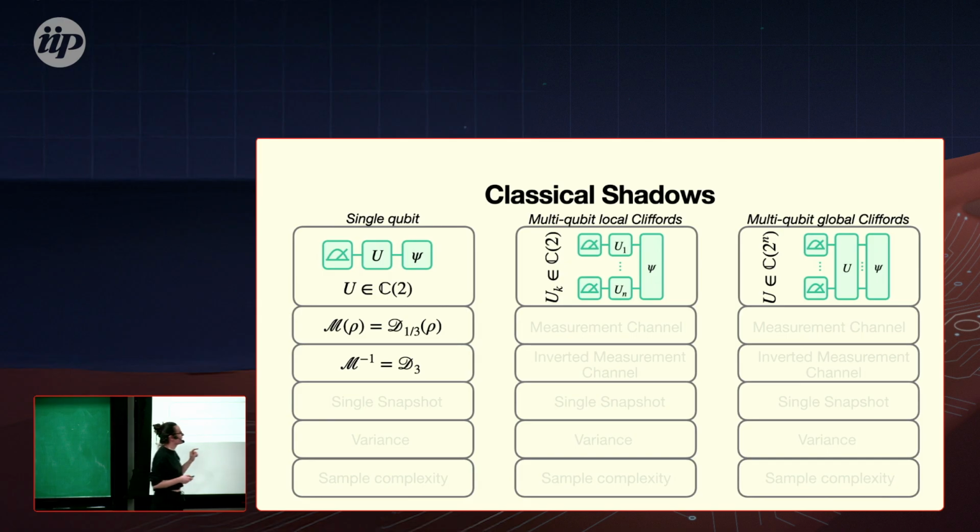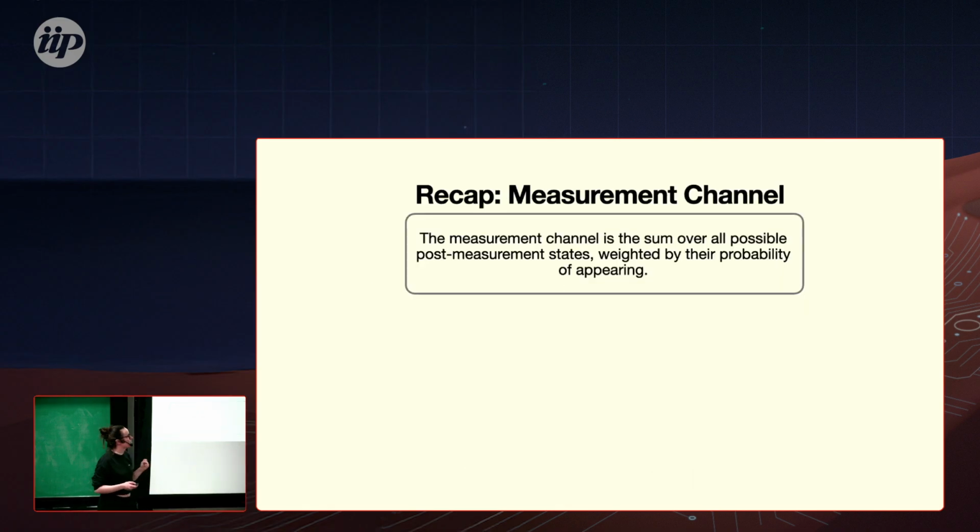Now I want to do this with you, so the global Cliffords. But before that, I just want to quickly recap what this measurement channel is, because I think last time the most confusing concept was this measurement channel. So I wanted to approach it a little bit unmathematically, and the only thing I could formulate is this sentence: the measurement channel is the sum over all possible post-measurement states weighted by their probability of appearing.